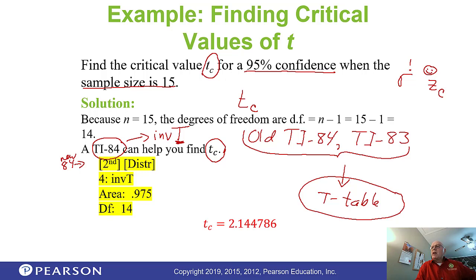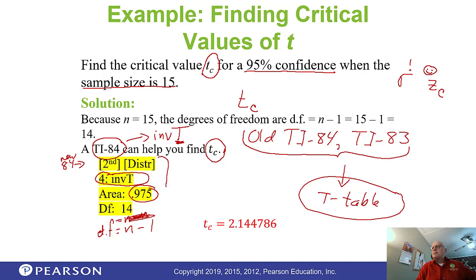Once you get there, select number 4 for the inverse T, and that's going backwards so you get the T value. Put the area in, put the degrees of freedom, and remember the degrees of freedom equals n minus 1.